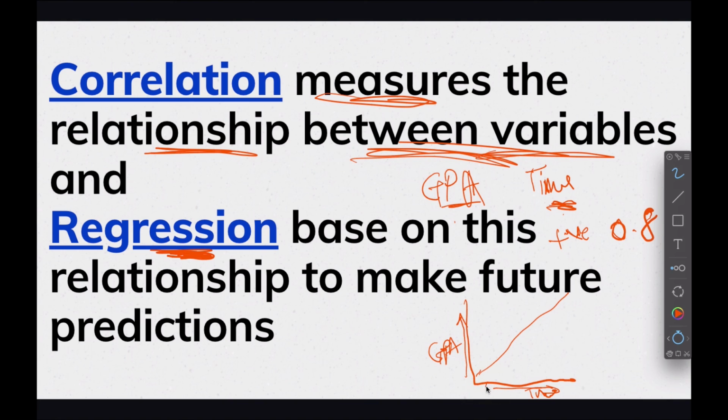If you study for low hours, so maybe for say 2 hours, your GPA normally will be low. Maybe something like, if it is out of 4, maybe your GPA could be say 2. And if we study for say 5 hours, maybe your GPA could be as high as maybe 3.8.